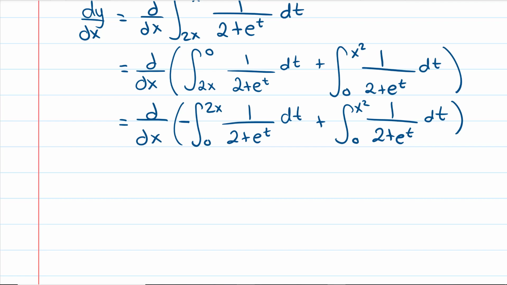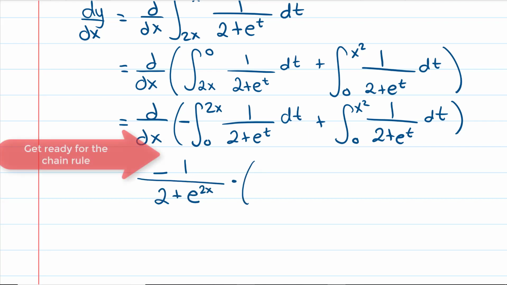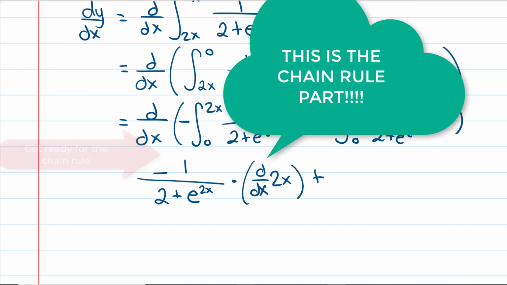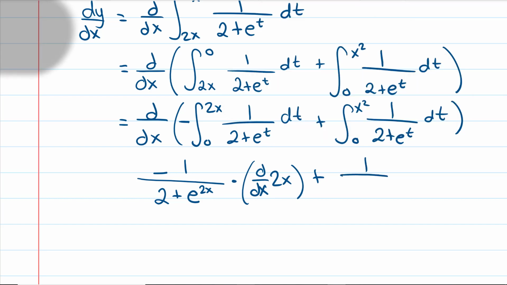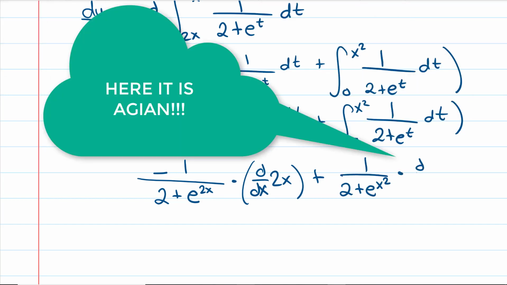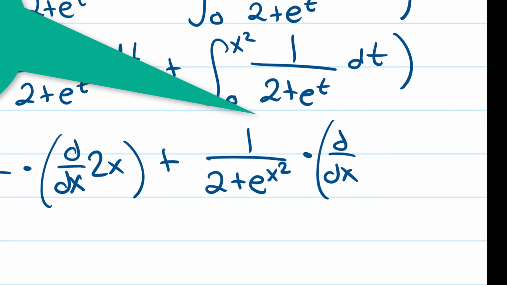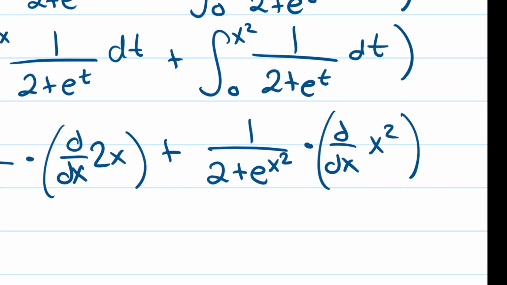So using the fundamental theorem of calculus, I'm going to take the 2x and put it where the t is. So I get negative 1 divided by 2 plus e to the 2x times the derivative of 2x, plus 1 over 2 plus e to the x squared times the derivative of x squared.